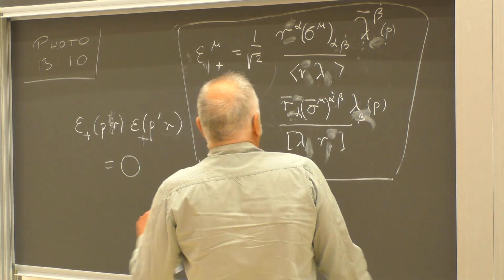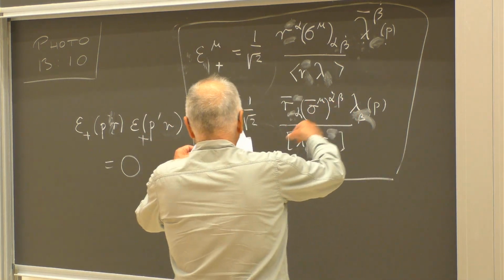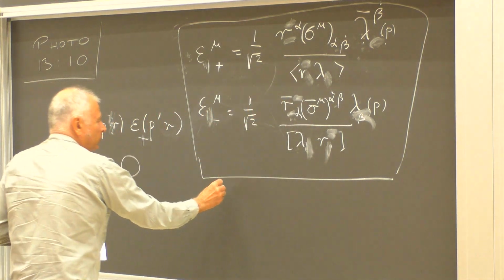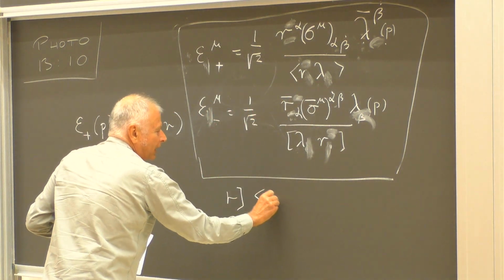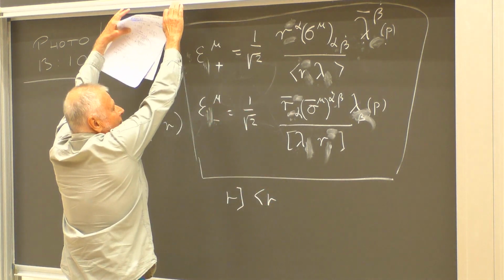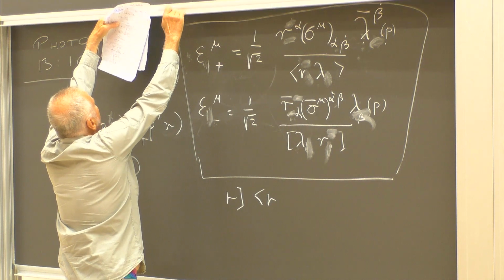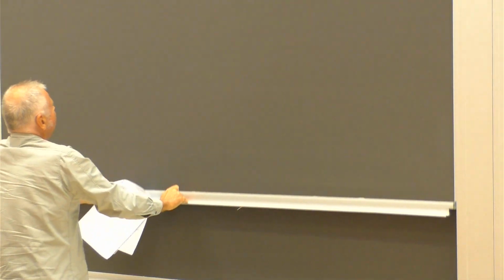Now, before, I want to write one formula here. Here I'm using the spinors, but of course I can use this angle and square bracket notation, and then you can write this equation here because I won't be using it again.